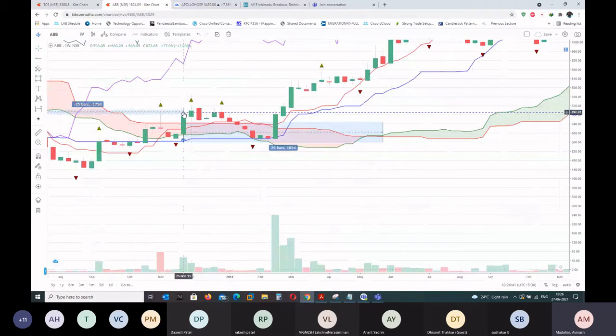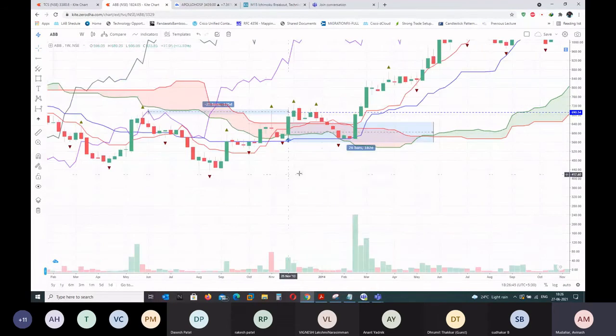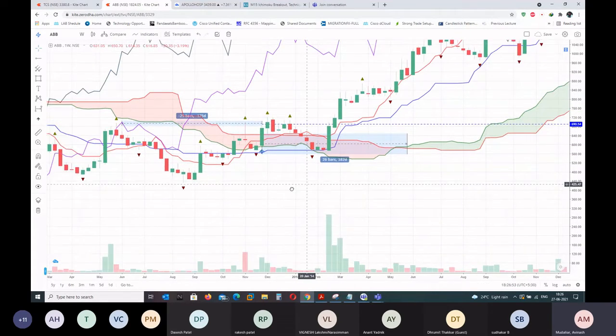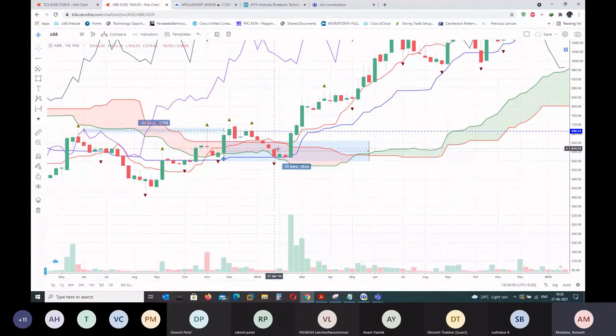Let's suppose you took this trade. You wait for a candle to close below the Kijun-sen. Let's suppose all the rules were matched, just for example. Though it's not matching, I'm just taking an example in case it matched. Once you enter here, the market goes opposite and you are in loss.